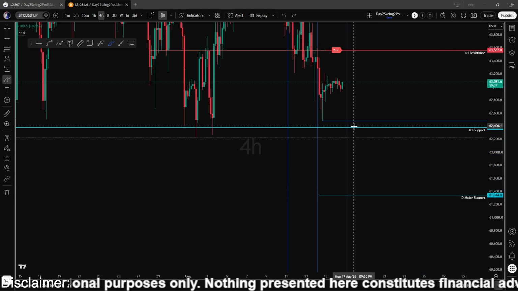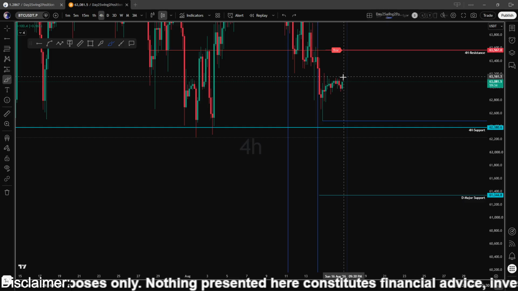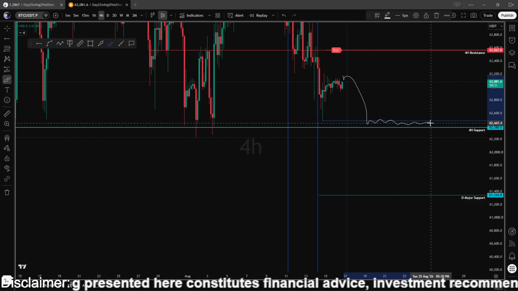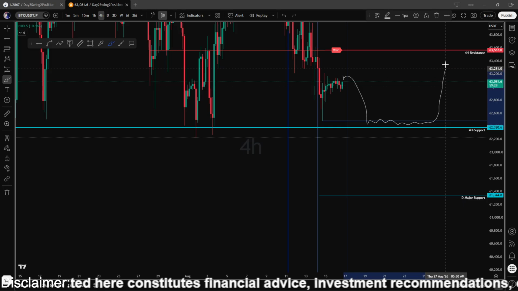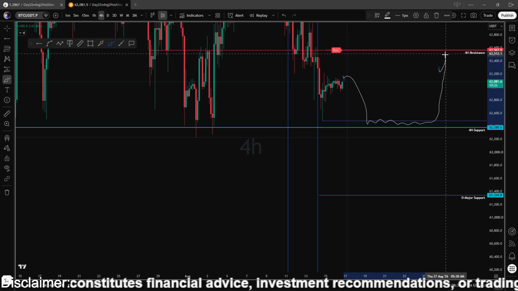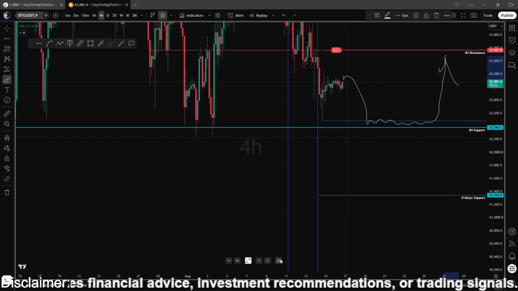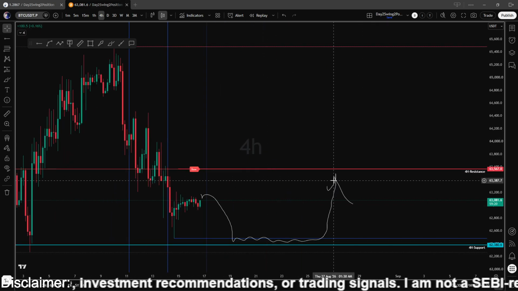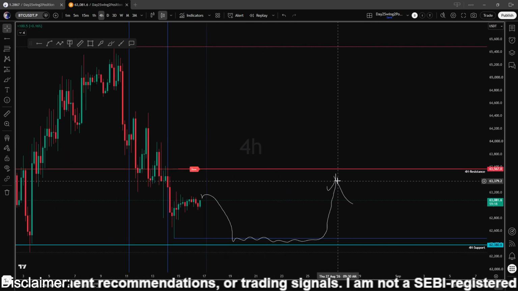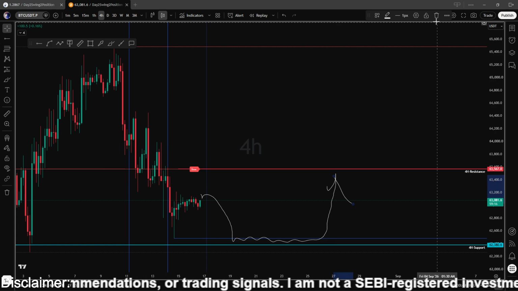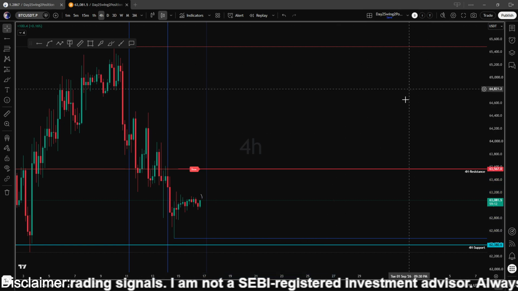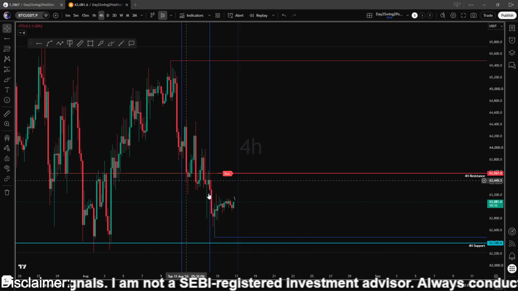But if the price did not close below, and after the fall price keeps on trading above this level, then the scenario might be different here, because that will lead the price to attempt to break this level, our resistance. This 4 hour resistance is the 63,567 level.